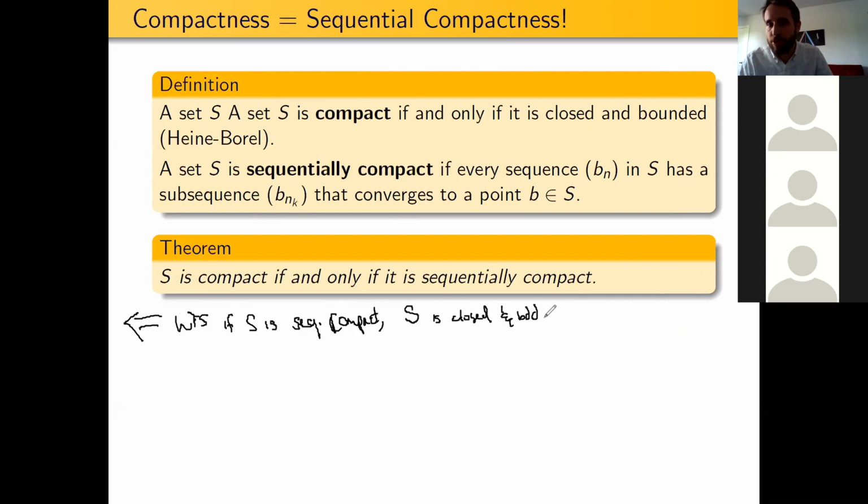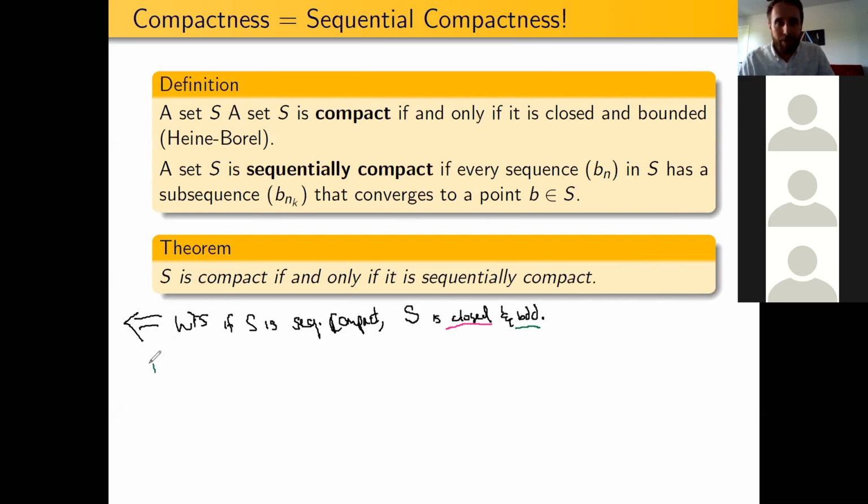We'll do that in two separate proofs. We'll show first that if it's sequentially compact, then it's closed. And second, that if it's sequentially compact, then it's bounded.